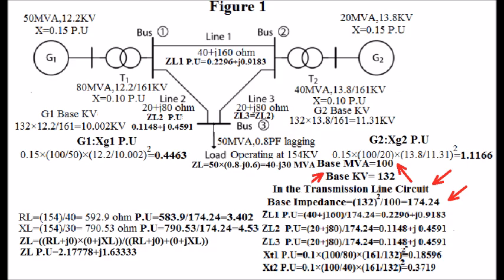The value is 174.24 ohms. The per unit calculation for the generators, transformers and transmission lines are shown in the figure.